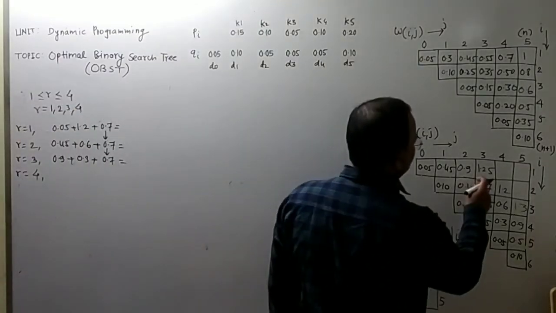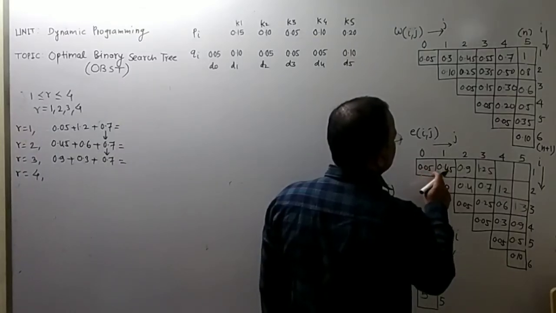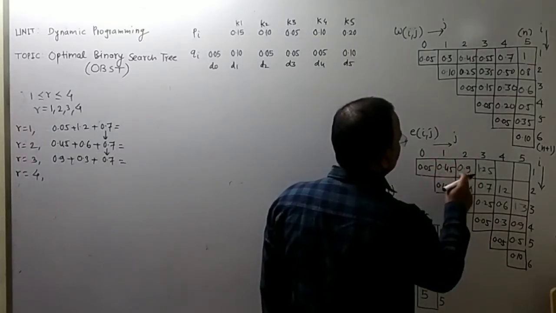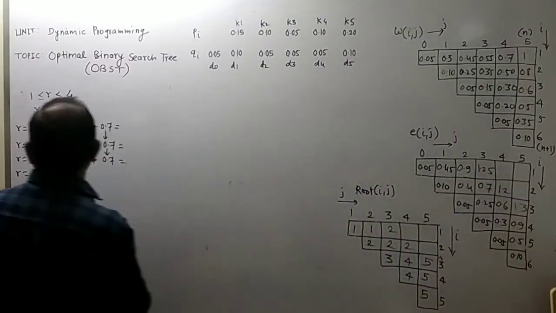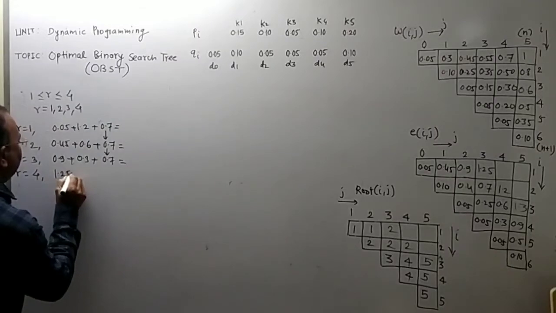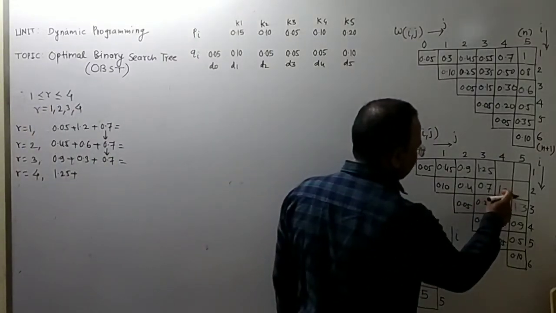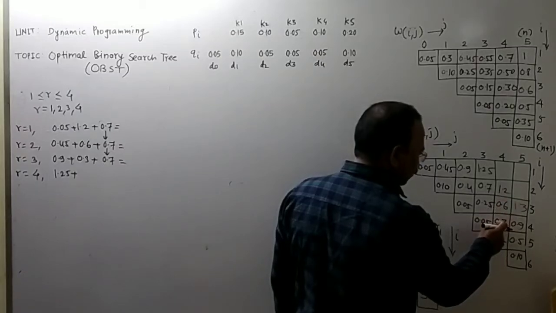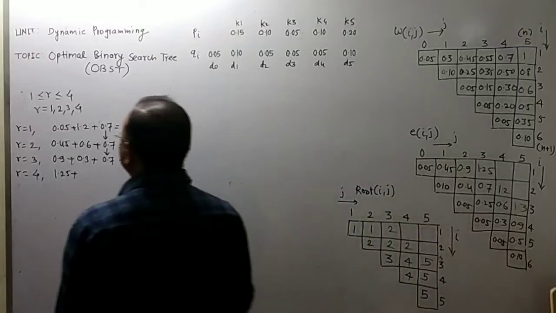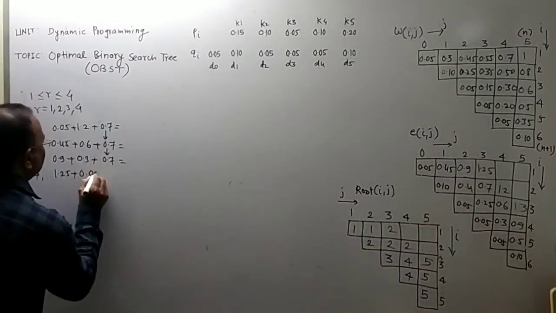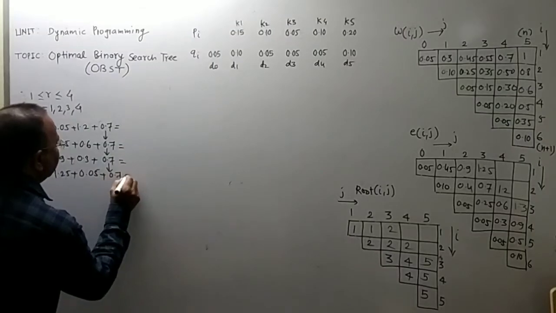Then for r is equal to 4, we have considered these three values. Now consider 1.25 plus, on the downside we have considered these three values for previous r. Now consider 0.05 plus the w value, that is 0.7, is equal to.